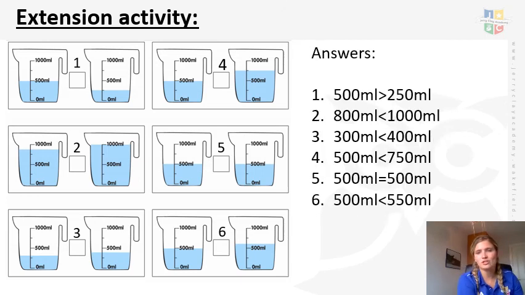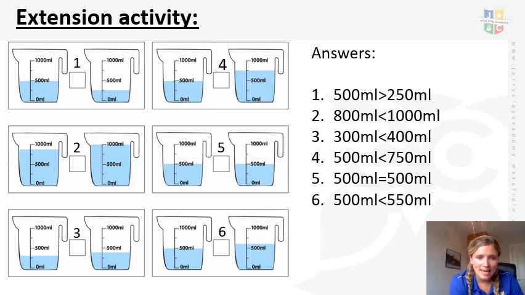So number 1, 500 millilitres is greater than 250 millilitres. For number 2, I said it was about 800 millilitres. Because the little increment underneath is 750, anything between 800 and 850 millilitres, I will allow that, is less than 1,000 millilitres.